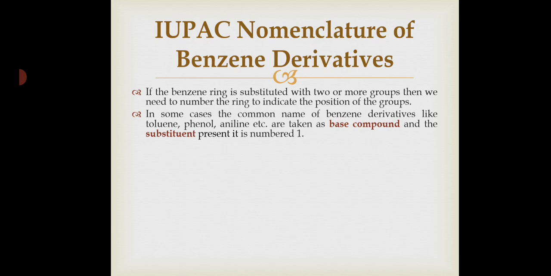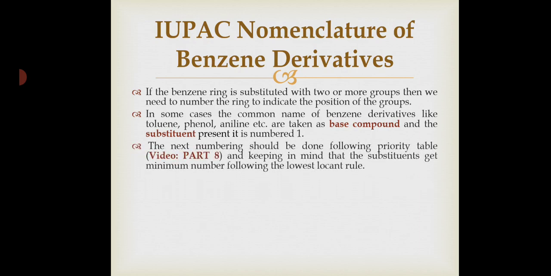Just as in the other systems we have a parent name, similarly in the benzene derivative we have to choose a base compound, and the substituent present in it will be numbered 1, and the other substituents should be numbered in such a way that the substituents get the minimum numbers.